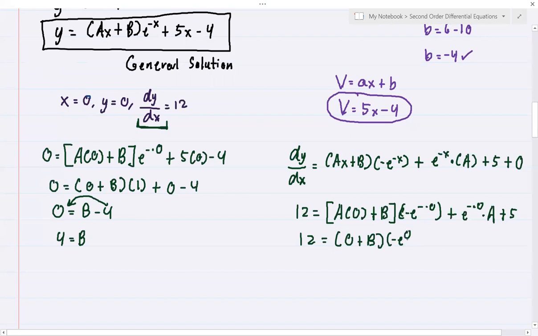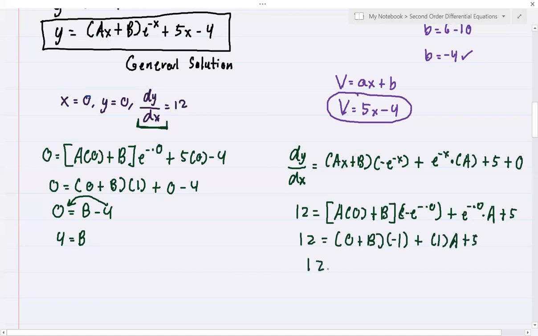Once again, anything raised to 0 is equal to 1, but since we have the negative sign, we have negative 1. Plus, again, anything raised to 0 results to 1, so 1 times a plus 5.